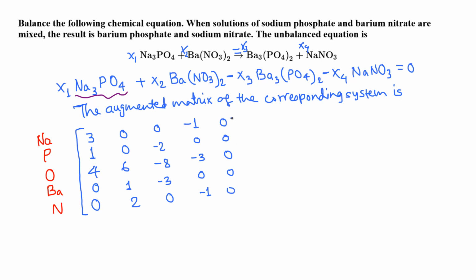So in this way we can set up a system whose augmented matrix is this. Now we're going to do some row reduction and write this in row echelon form.